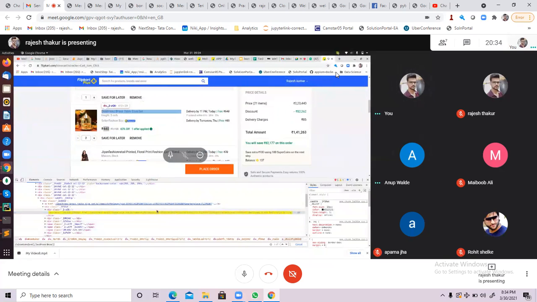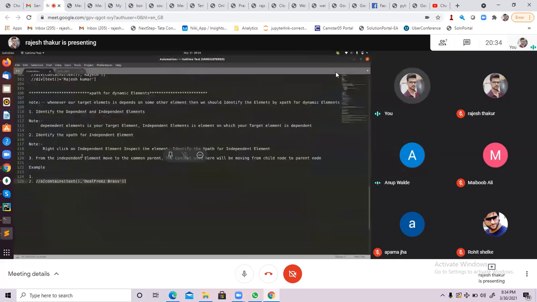Now, but our target is not to identify this title. Our target was to identify this amount. How to identify this? Again, go with the third pointer. From the independent element, move to the common parent.